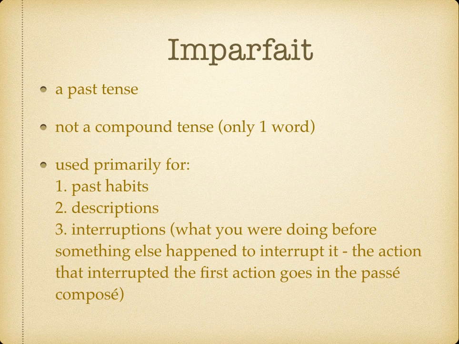The first action on the timeline, not necessarily in the sentence, but the action that we were doing that got interrupted, will go into the imparfait. The interrupting action, so the second action on the timeline, again, not necessarily the sentence, that will go in the passé composé. So we have one sentence that has two different tenses in it.